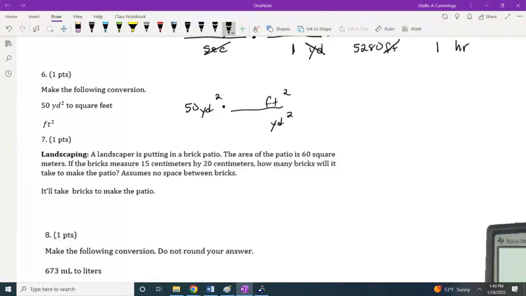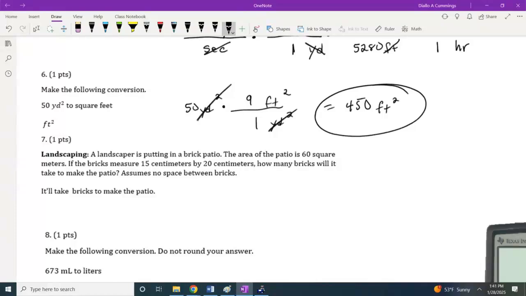And we just found that conversion, right? 1 square yard is 9 square feet. So now if I multiply, my yards are going to cancel. 50 times 9 is 450 square feet. So my solution should be 450 square feet.